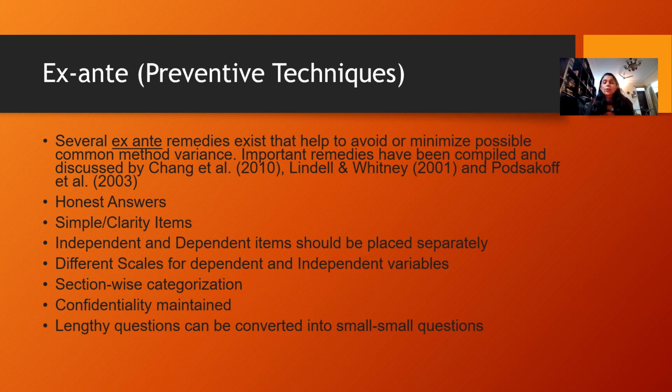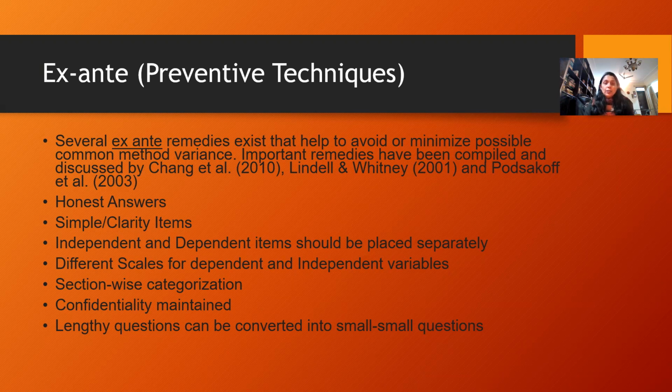Use different scales for dependent and independent variables; different scales means, for example, a semantic scale or a Likert scale. So I think you should use different scales when collecting your data. Section-wise categorization also: each and every variable or factor, you put all its items in the same category, then you move to another category.